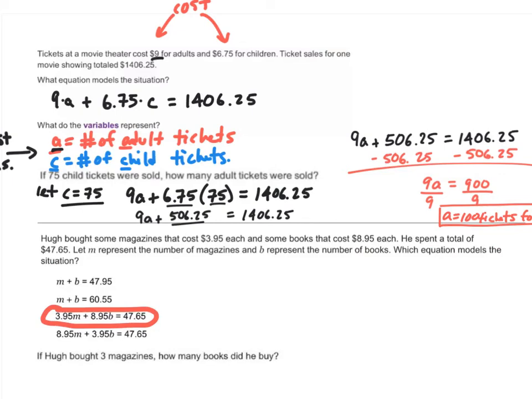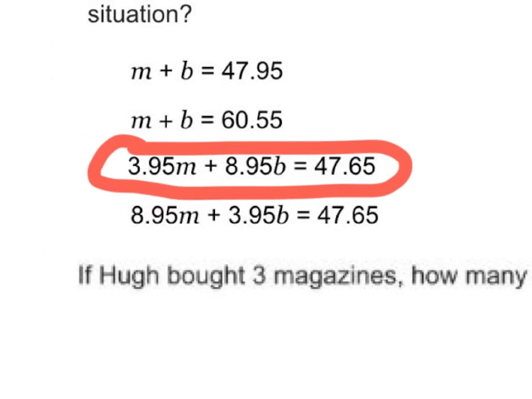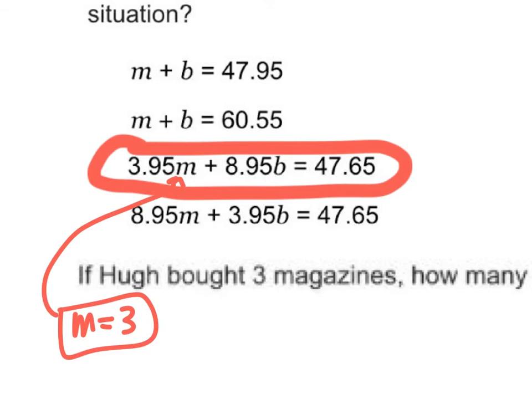So if Hugh bought 3 magazines, how many books did he buy? So here's what we've got. All right, we know if Hugh bought 3 magazines, then we know that M is equal to 3. Okay, and we're going to plug that into this equation up here.